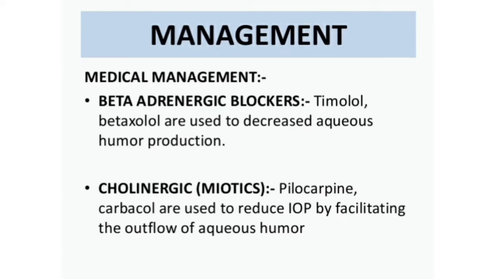So beta blockers generally decrease the aqueous humor production, but pilocarpine and carbachol, the cholinergics, help in increasing the outflow of the aqueous humor. So we have these two options. Either we can decrease the production of the aqueous humor with a beta blocker, or we can increase the outflow with the help of pilocarpine and carbachol, the cholinergics.